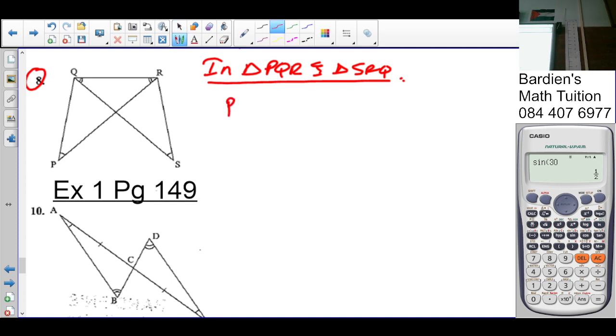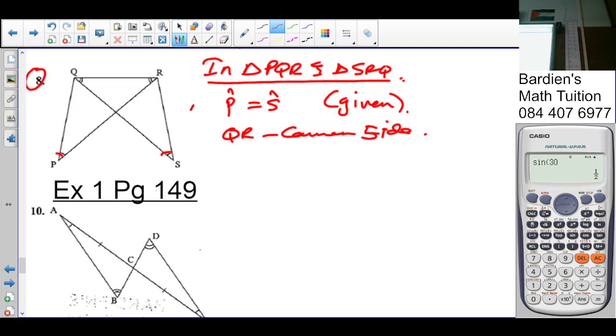Angle P is equal to angle S. Why? Given. Next. QR is a common side. It's in both triangles. Correct? Common side.